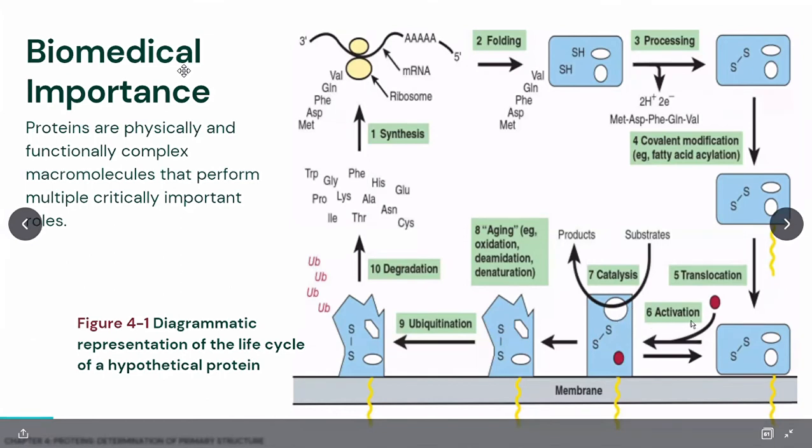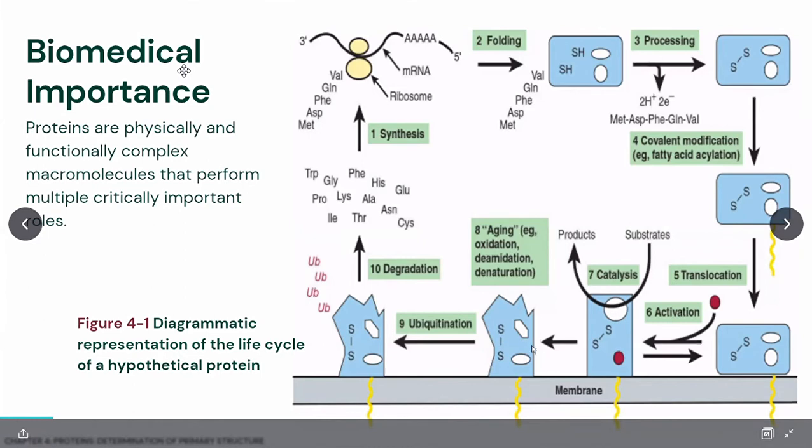Then if they are active proteins like enzymes, then they do catalysis, and from utilizing the same protein over and over again for catalysis, they become worn out, so aging, so deamination, so they are now targeted for destruction, no?